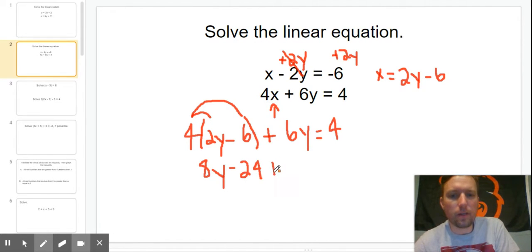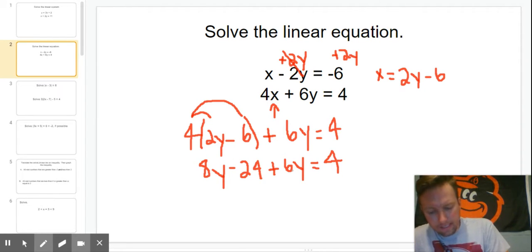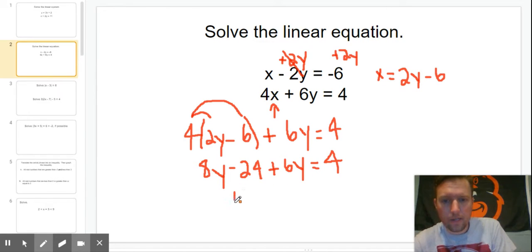Then I have plus 6y, and we can't forget that all of this equals 4. My next step is to combine like terms. I have an 8y and a 6y. 8 plus 6 gives me 14, so I have 14y minus 24 equals 4.